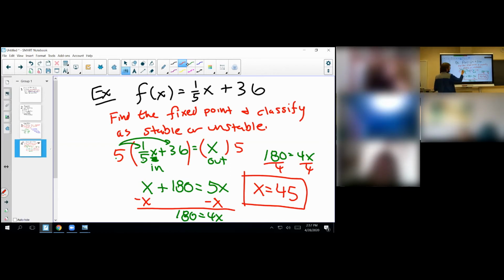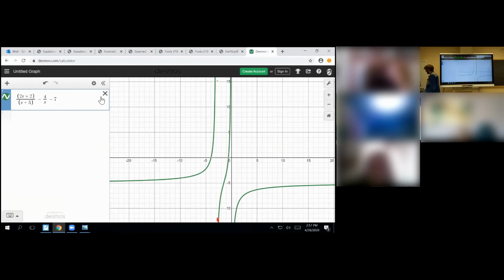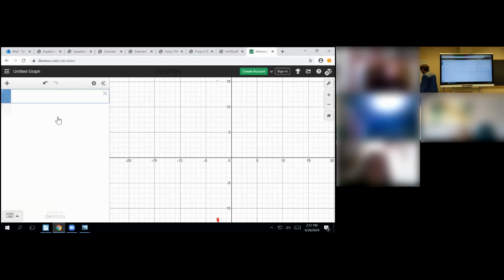But to finish this problem, we have to classify it as stable or unstable. So how do we do that? Well, basically, you just take some. So if I plug in 45 into my function, I should get 45 back out. Well, actually, let me do this on Desmos. Desmos makes this really easy. So I'm going to type in my function here. So if I type in 45, I get 45 back out.